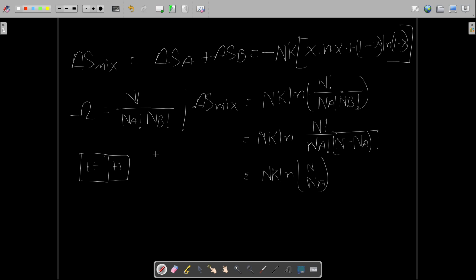The two samples ultimately translate into one gas, and you're not going to get any distinguishable states. They're going to be the same states, indistinguishable, and the multiplicity and the entropy are not going to change. So the delta S for such a situation is just going to be 0.